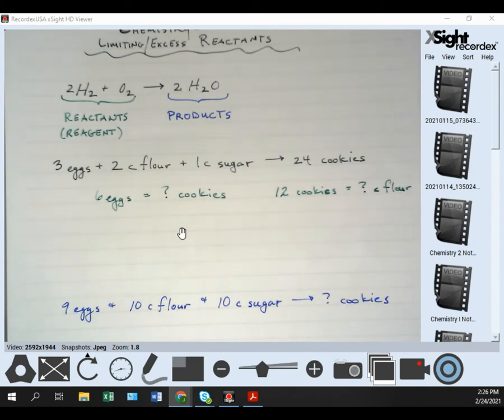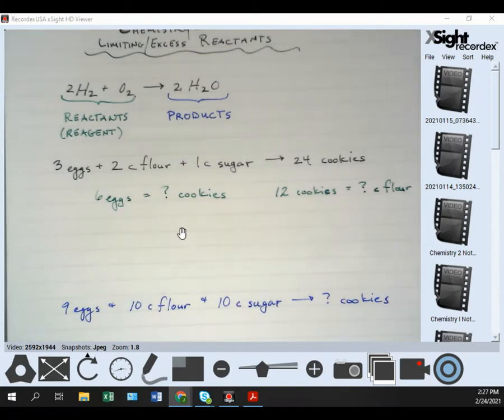If we had 6 eggs, how many cookies could we make? 48. Why do you say that? So you're not wrong. Why did you decide? Yeah, good.